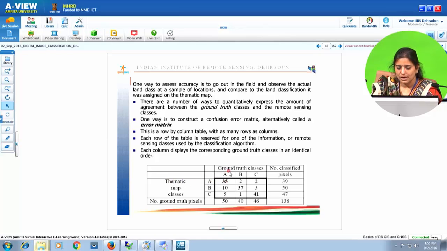You can see AA, we have a number of 35. 10 points were wrongly classified in class B and 5 points were wrongly classified in class C. Like this, we have to take the table and fill the entire matrix. So once this matrix is generated, then we can make the further calculations.